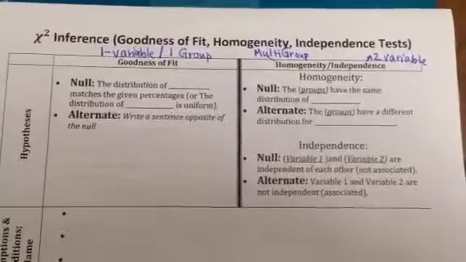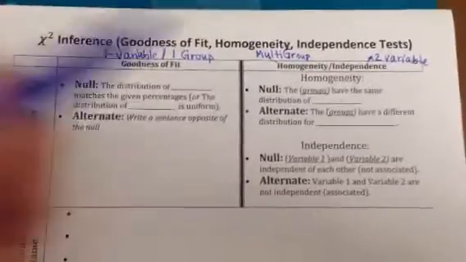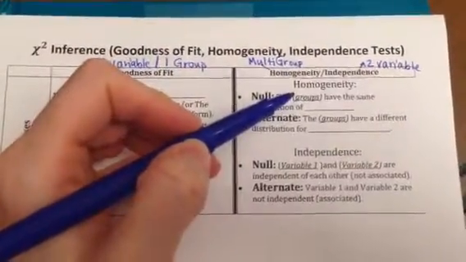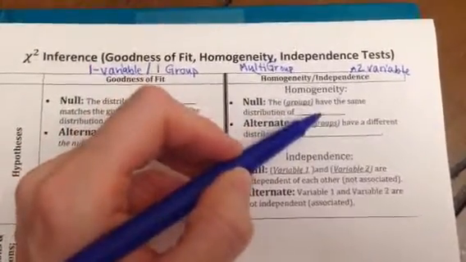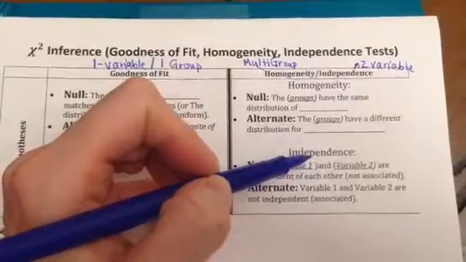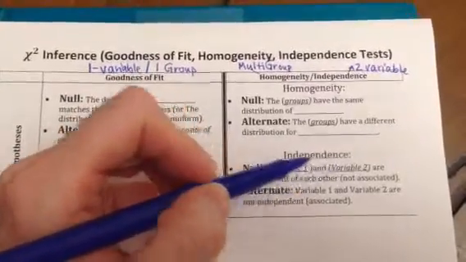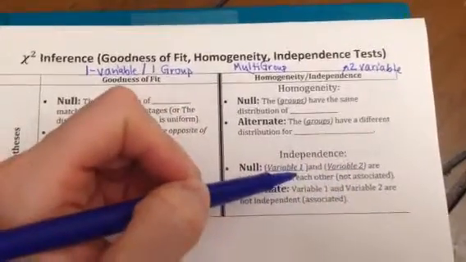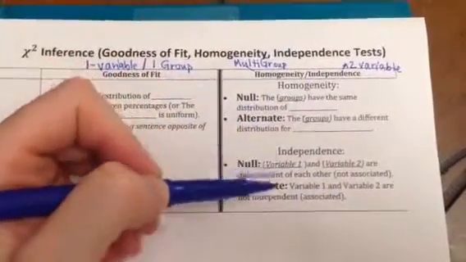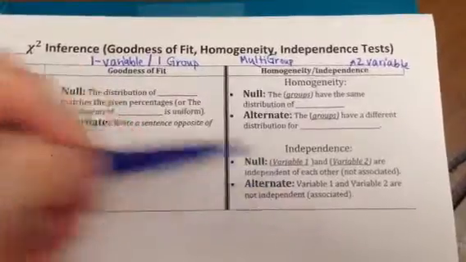So the most challenging part is going to be to distinguish whether it's a homogeneity, where we're looking at multiple groups to see if they have the same distribution of that one variable, or is it an independence test where we have 2 variables and we're interested to see if they're independent or associated with each other. You really have to look at the context of the problem to figure that out.